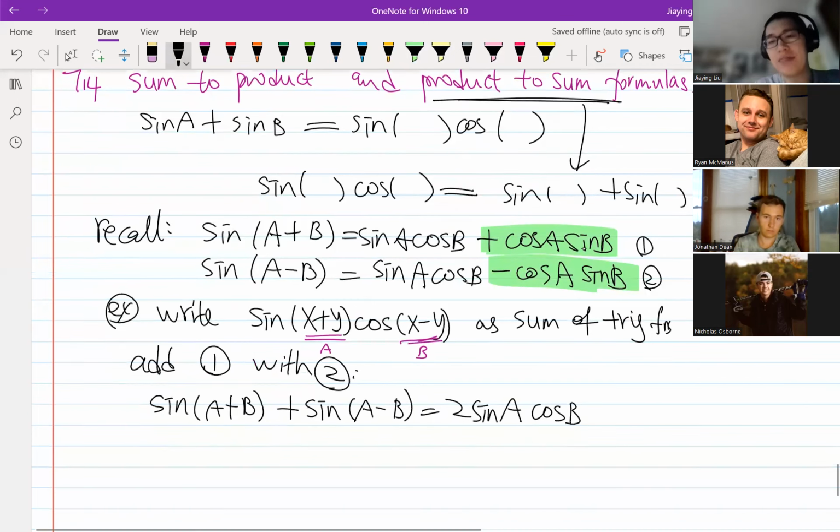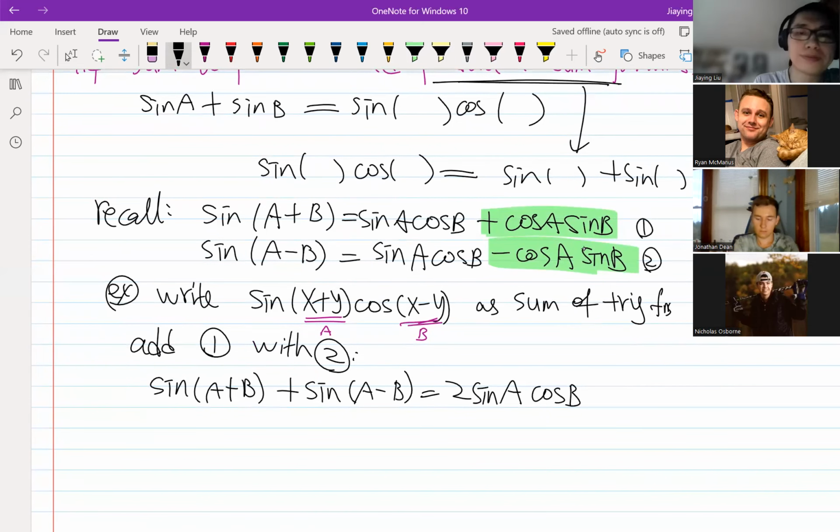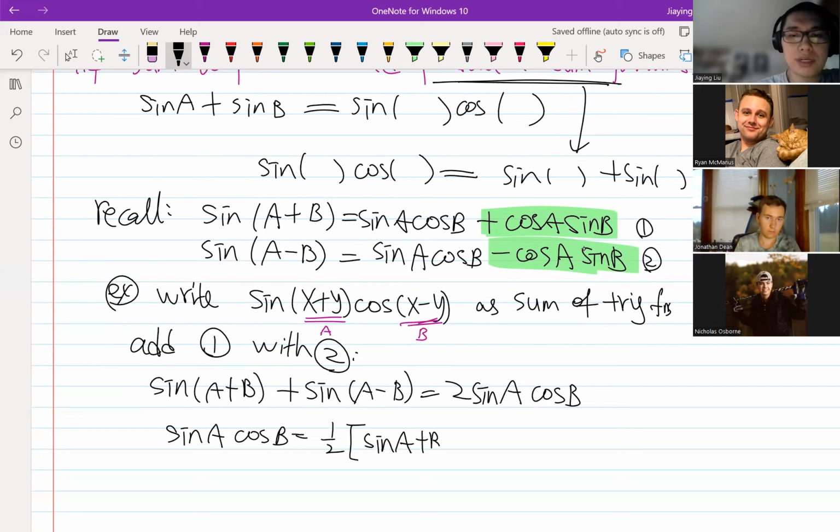And there you have it, you have sine A cosine B. So now I'm going to divide by 2. I'm going to write the right-hand side to the left. So I get sine A cosine B equals 1/2 times sine A plus B plus sine A minus B.